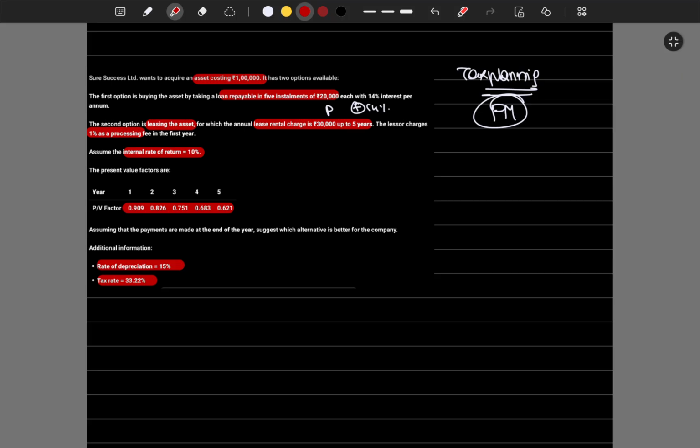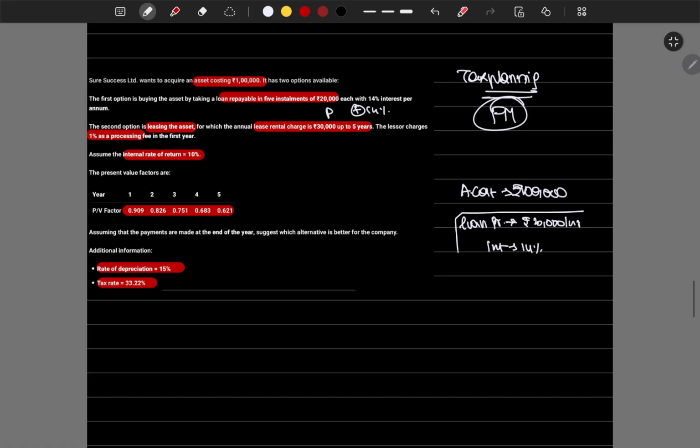The thing is, we have to decide which option is better, whether we can lease or we can buy. Lease or buy decision we are going to make under this. We'll align all the things. Asset cost rupees 1 lakh. Then loan principal, which is 20,000 per year, interest 14%.